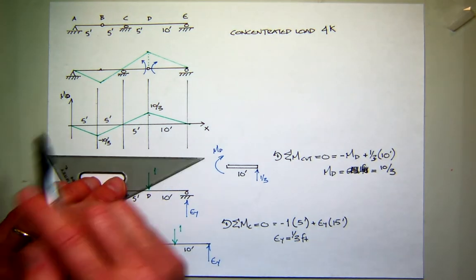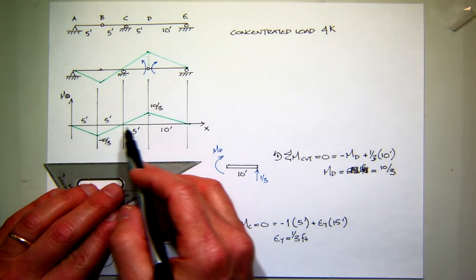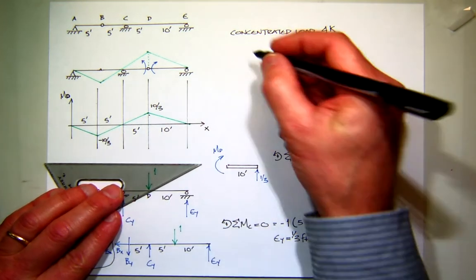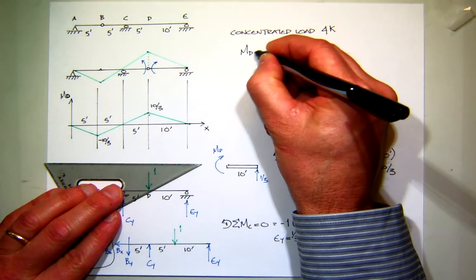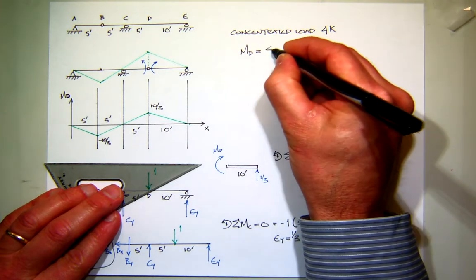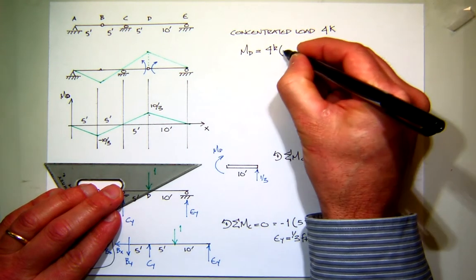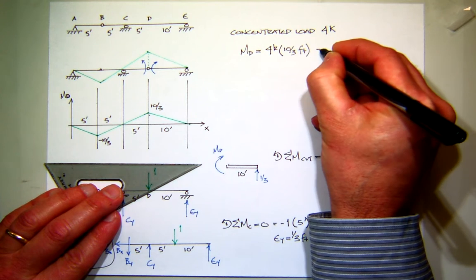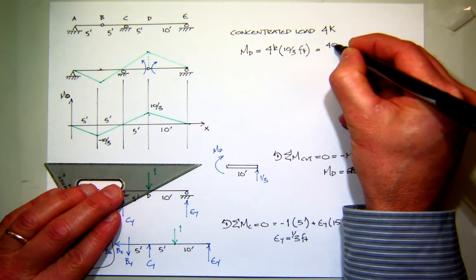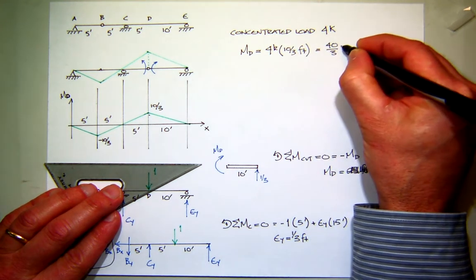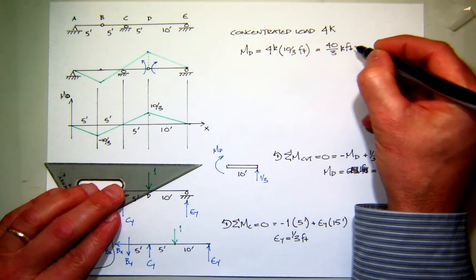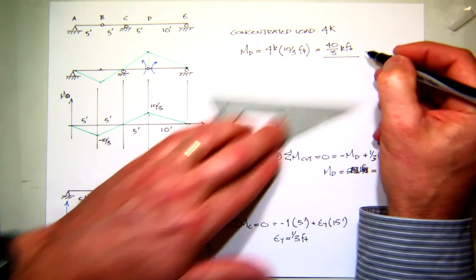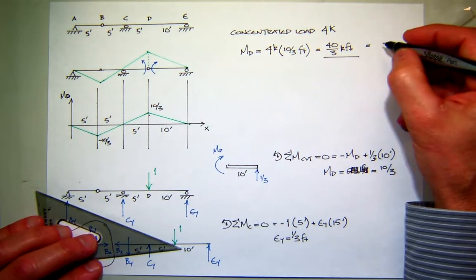At 15 feet, it's here. So that means the moment at D from this would be 4 kips times 10/3 feet, which ends up as 40/3 kip feet. That's the moment, which is equal to, what is that, 13.33?